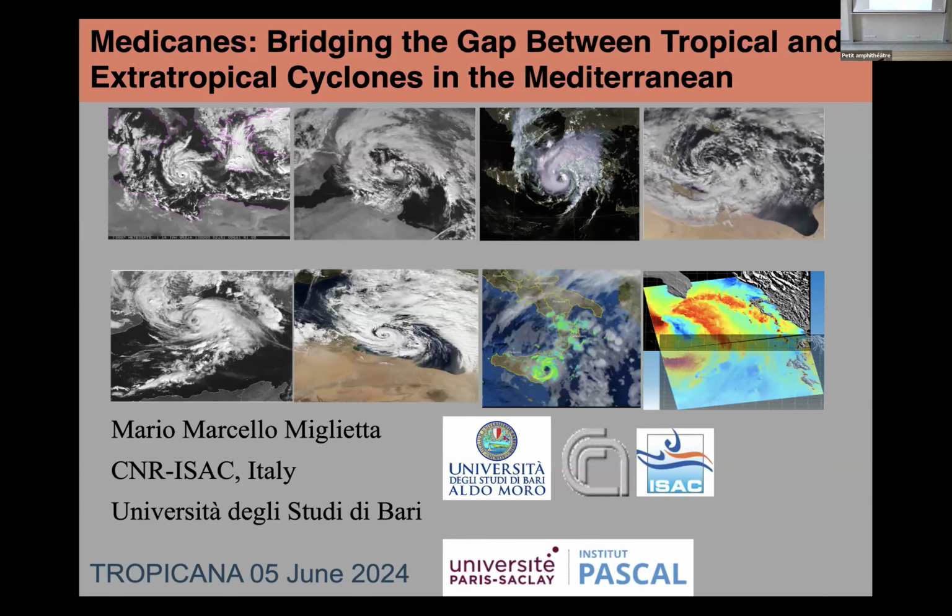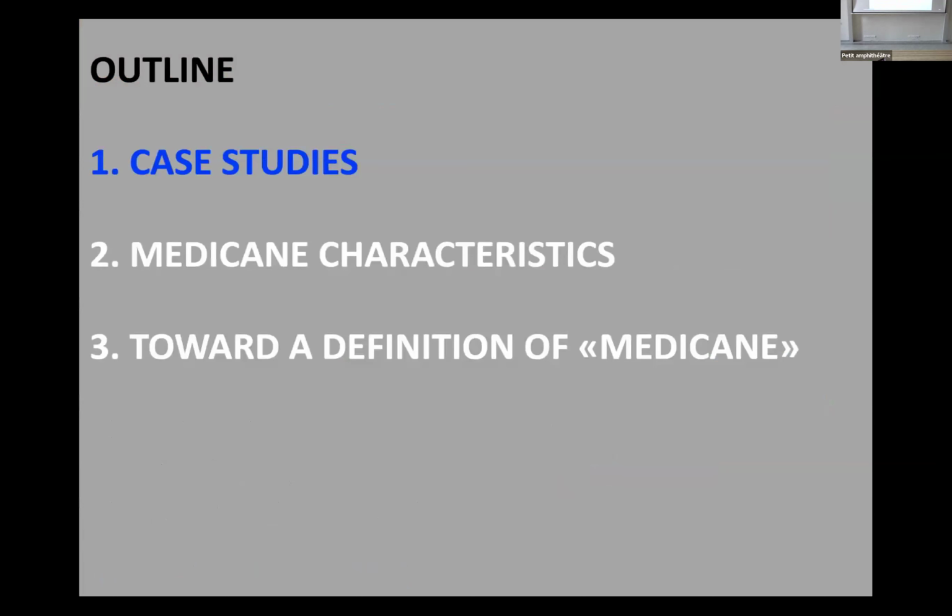Okay. So the outline of this talk is the one you see here. First of all, I will provide you some information about some interesting case studies that emerged in the past. Then I will move to describe some common characteristics of Medicanes, also in comparison with some tropical-like characteristics.